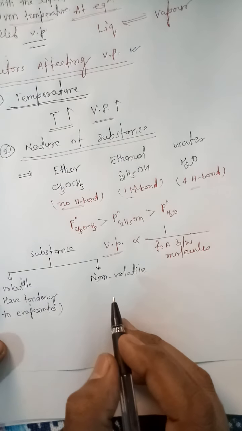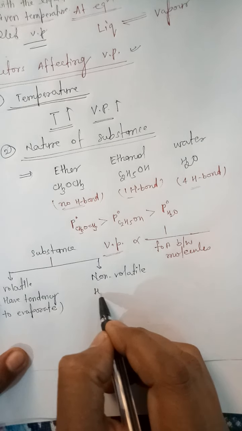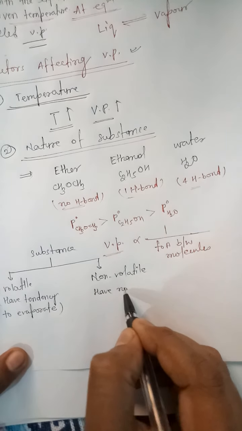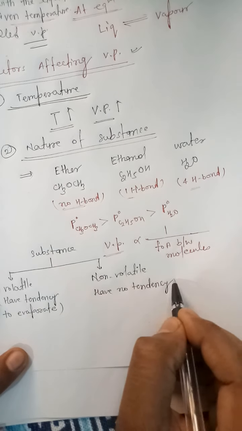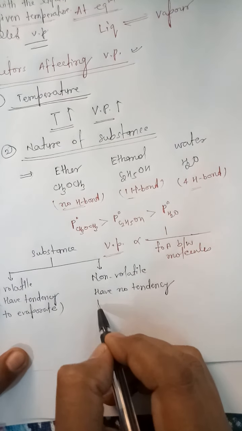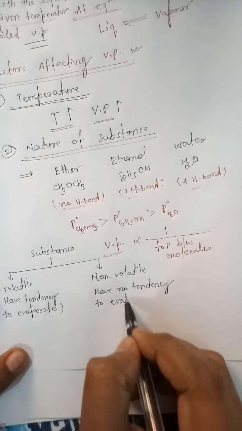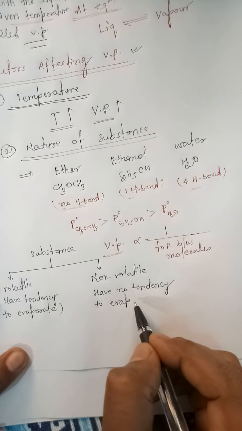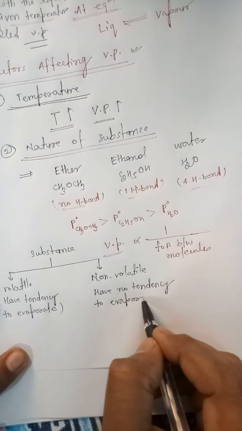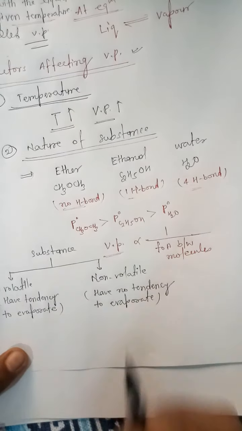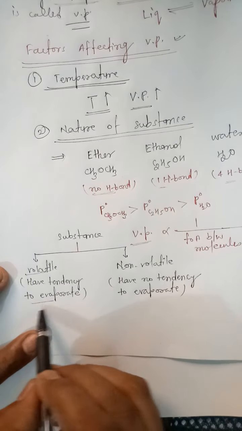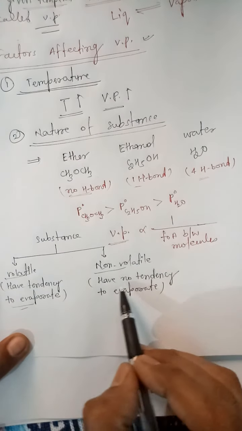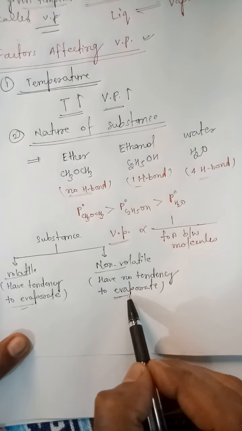And those which have no tendency to evaporate are called non-volatile substances. Okay, so volatile substances are those which have a tendency to evaporate, and non-volatile substances have no tendency to evaporate.